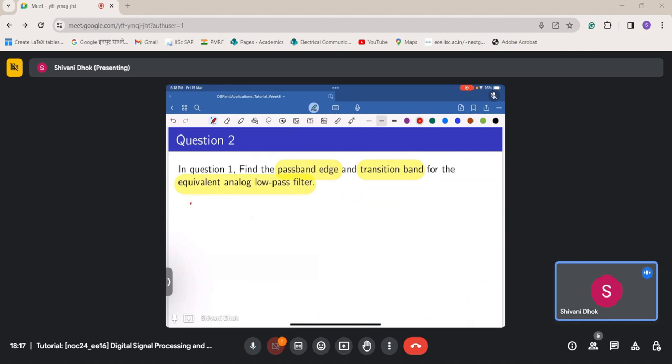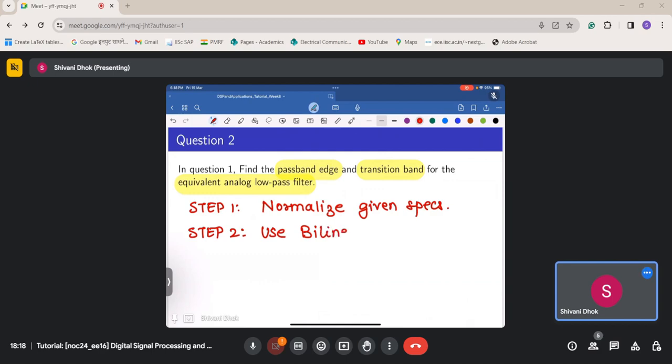So for that, step 1 will be to normalize the given specifications, and step 2 will be to use the bilinear transform to get the equivalent analog filter specifications.